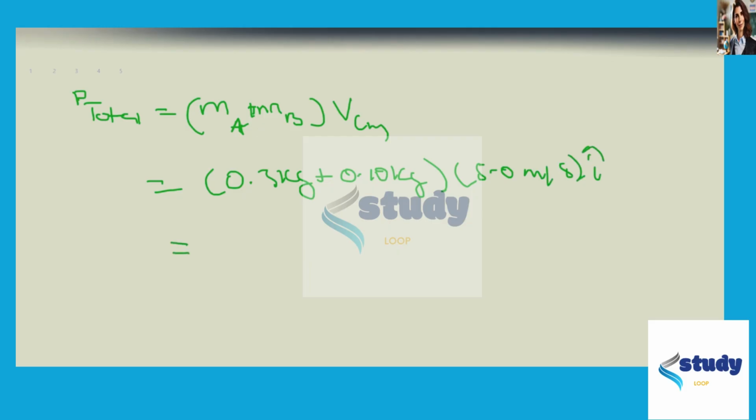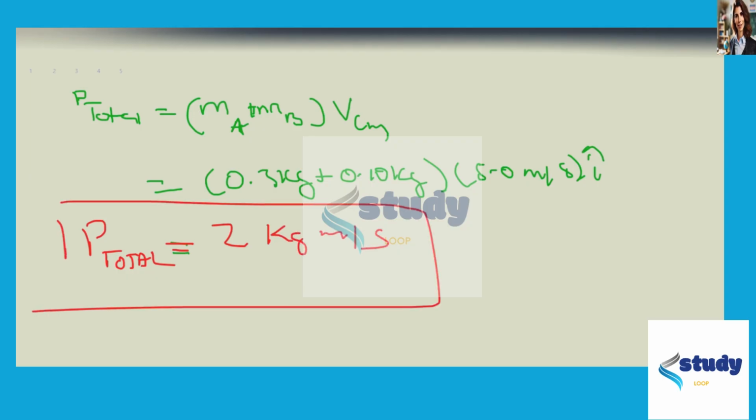That's the total. So if you plug in those numbers, you get that the total momentum happens to be 2 kilogram meters per second. That's the total momentum of the system.